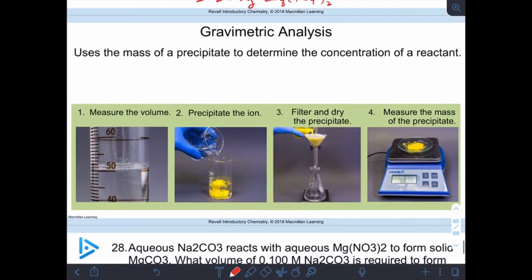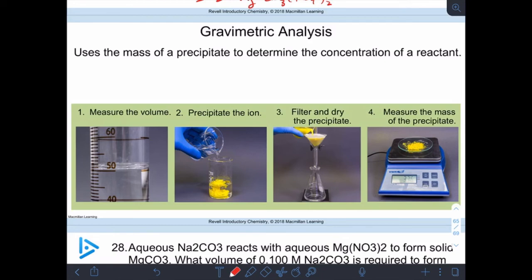So this next thing is called gravimetric analysis. And basically what it does is we start with two liquids, two solutions, and when we put them together, we get a solid. Okay, this is a precipitation reaction. Okay, and what we can do is then we can collect that solid and we can dry it, and then we can measure its mass on the balance.